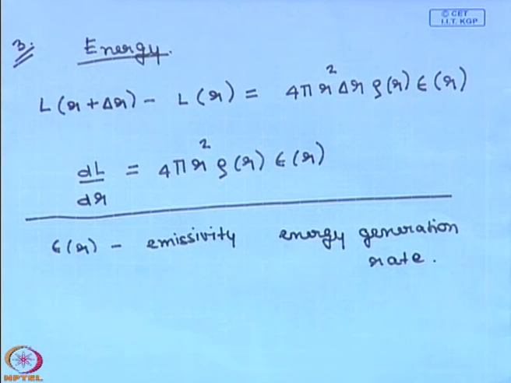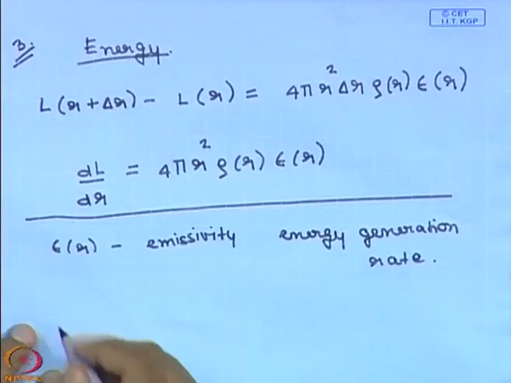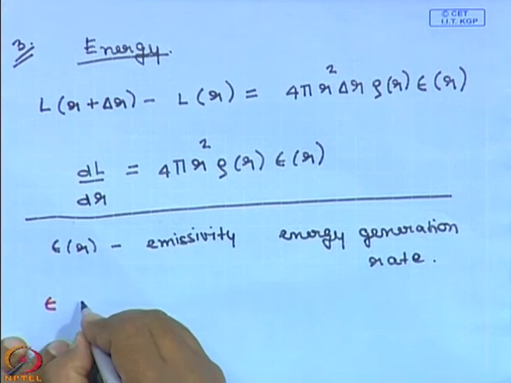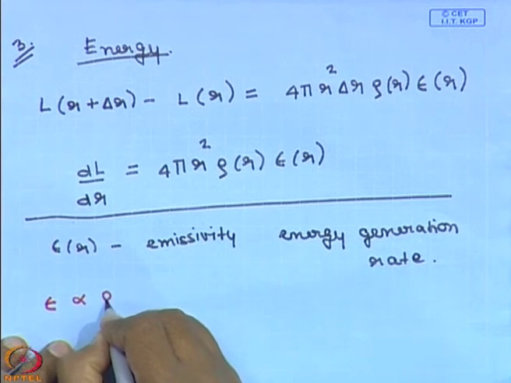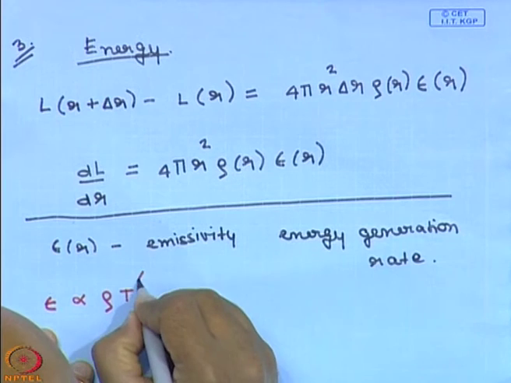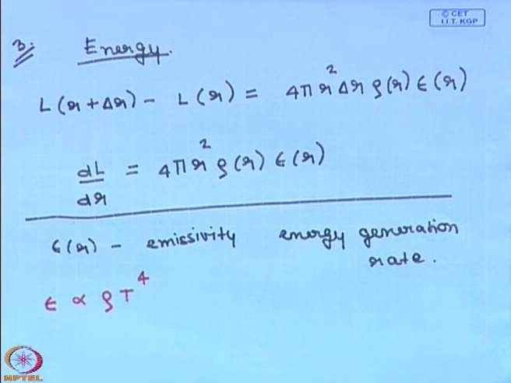And this is something that we discussed just in the last class, in the previous lecture, where we discussed nuclear burning. So, I told you that the energy generation rate epsilon is proportional to the density into T to the power 4 for the PP chain.